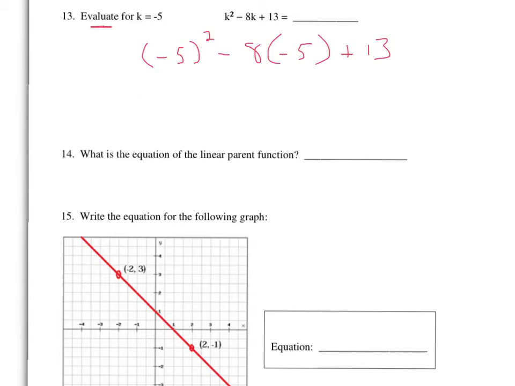So (-5) squared is 25, and -8 times -5 is positive 40 plus 13. 25 plus 40 is 65. 65 plus 13 is 78. So our answer is 78.